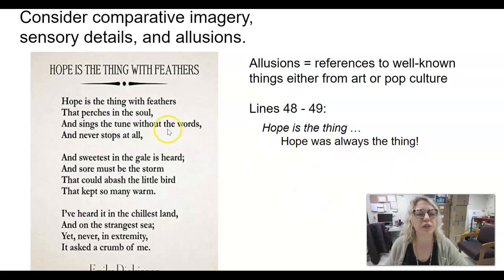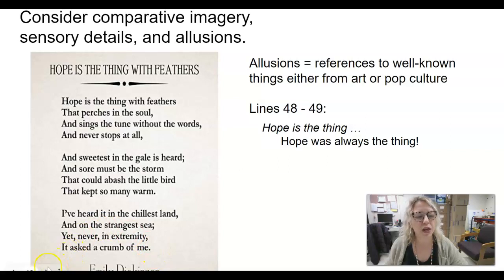So it comes from this very famous poem from the 19th century by American poet Emily Dickinson. "Hope is the thing with feathers that perches in the soul and sings the tune without the words and never stops at all. And sweetest in the gale is heard, and sore must be the storm that could abash the little bird that kept so many warm. I've heard it in the chillest land and on the strangest sea, yet never, in extremity, it asked a crumb of me."